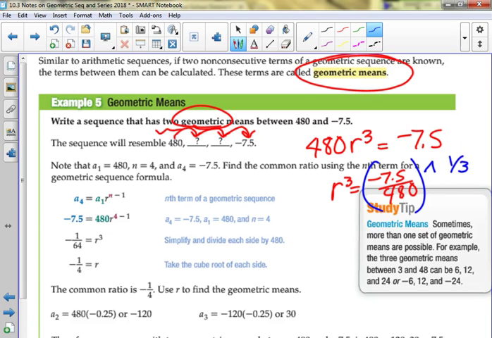So if I do negative 7.5 divided by 480 to the 1/3 power, and I do a math enter, I get negative 1/4. So then if I go back and multiply 480 by negative 0.25, I get negative 120 goes in here. And then positive 30, and then negative 7.5, I think.